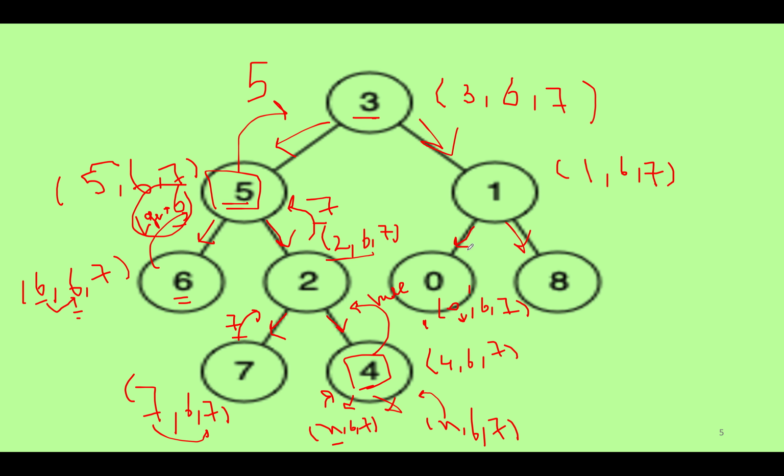Both the nodes are null, so null will be returned from here. So we'll have null here. Again we'll move in the right direction, 8, 6, 7, and again null will be returned from here. Both the right child and the left child return null, so null will be returned back.